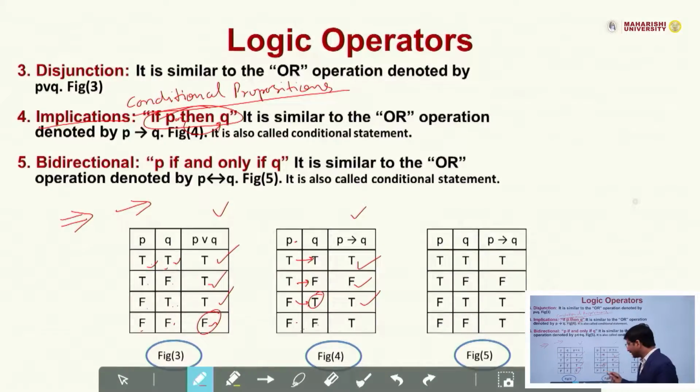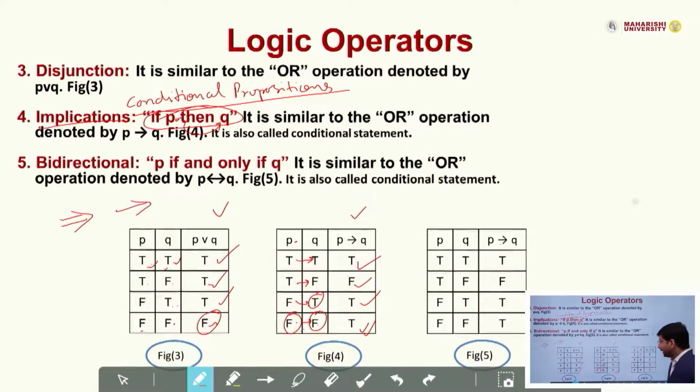It should be very clear to all of you that if a false statement implies a false statement, it means that logically the statement is true, therefore it will be true. Is that clear? I hope so. But for the last one, you have to remember that if false implies false, then the complete statement is true, right? So the result will be true.